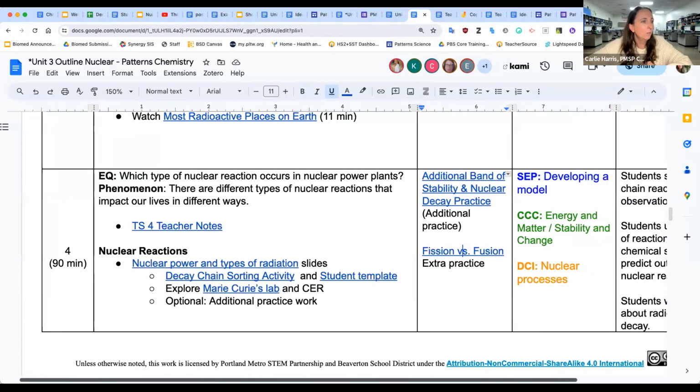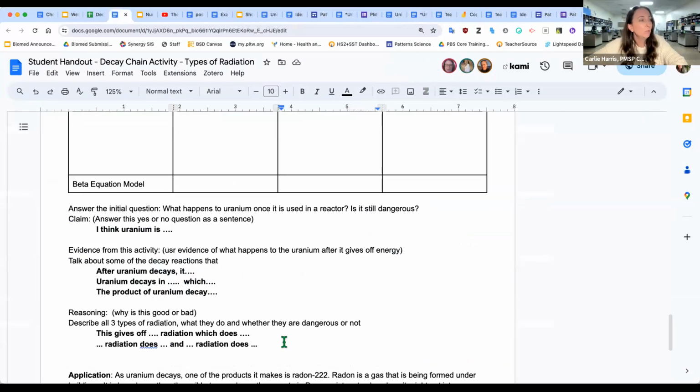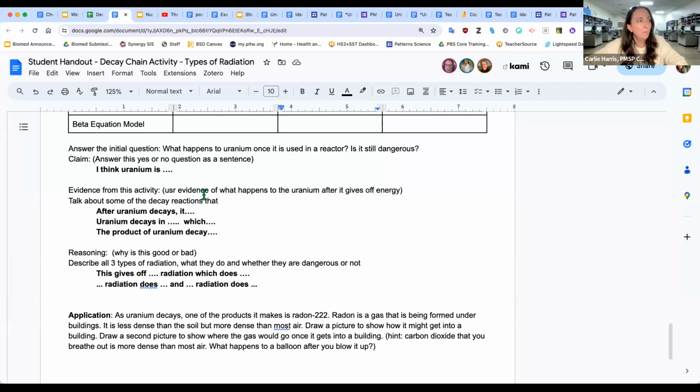Okay, the end goal is that they do that sort, right? And then they're using models to predict outcomes of nuclear reactions. And then they're going to write a CER to kind of like summarize and put this all together. So you'll see as we're at the bottom of the student handout here, they have some support.